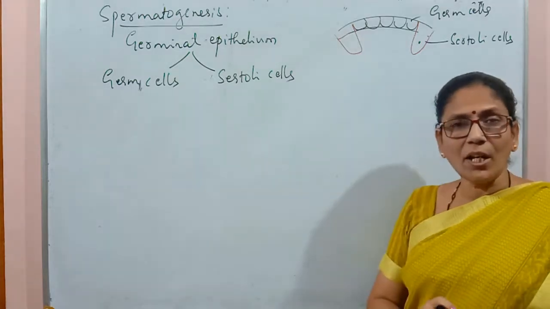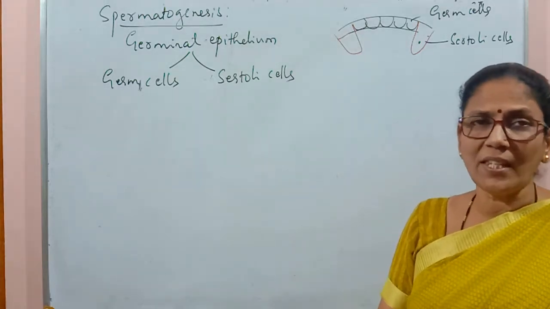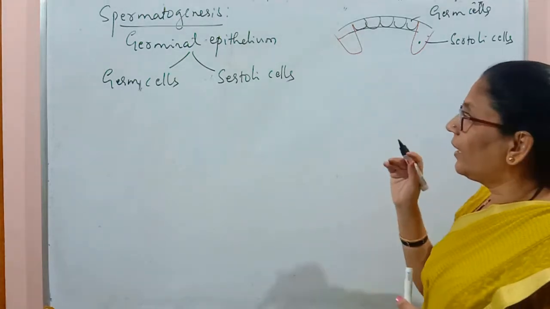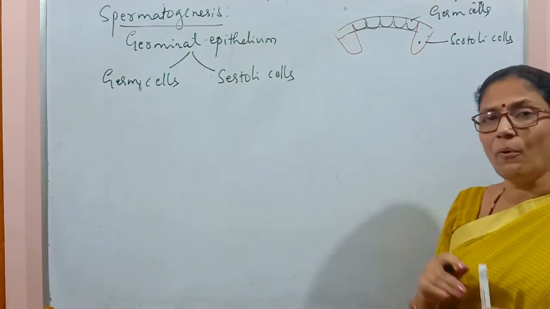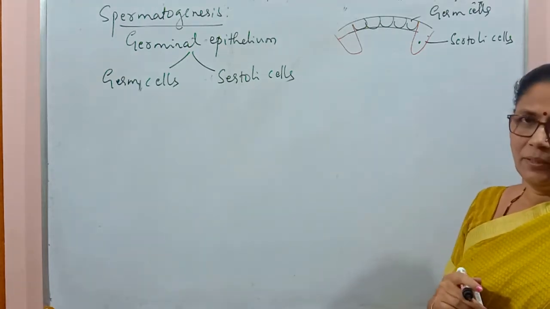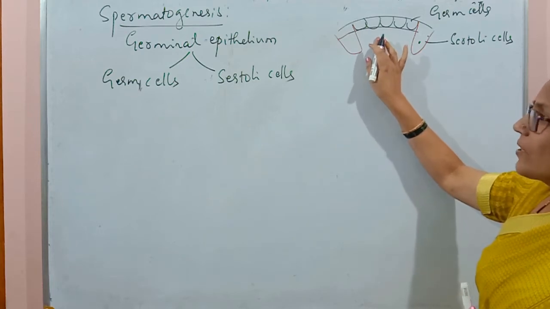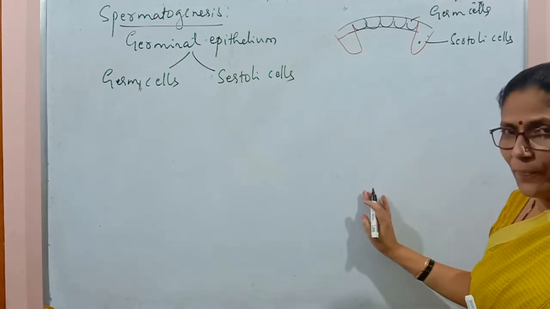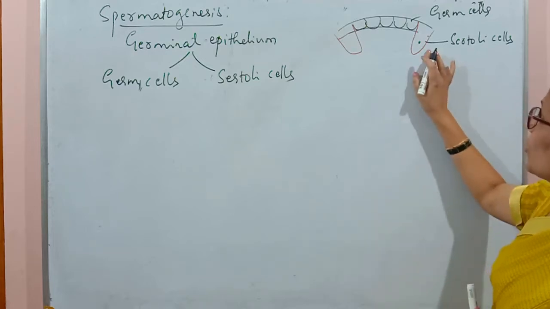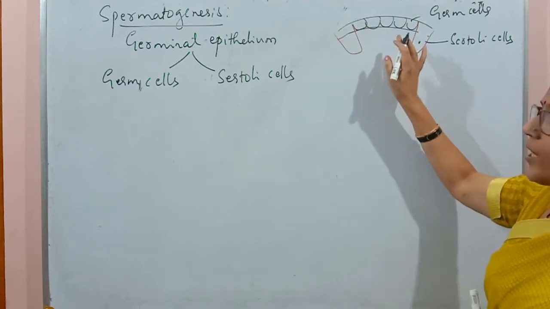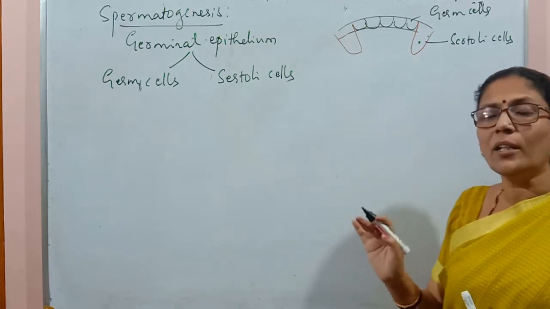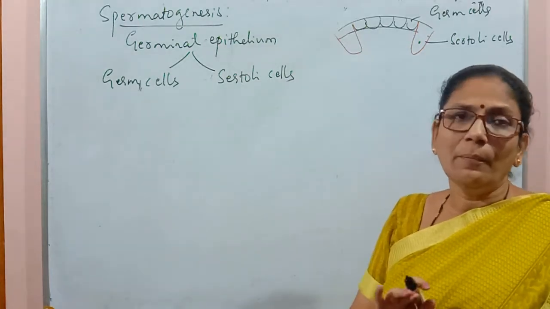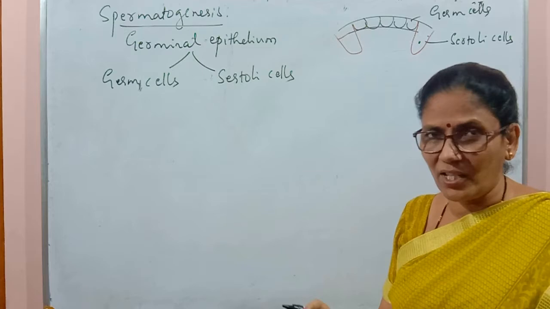The germ cells undergo many sequential stages and at the end of the process they form the sperms. Means these germ cells are involved in the formation of sperms. But Sertoli cells are there along with germ cells, but they are not involved in the process of spermatogenesis.